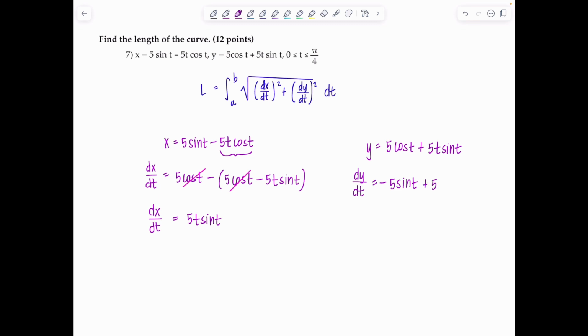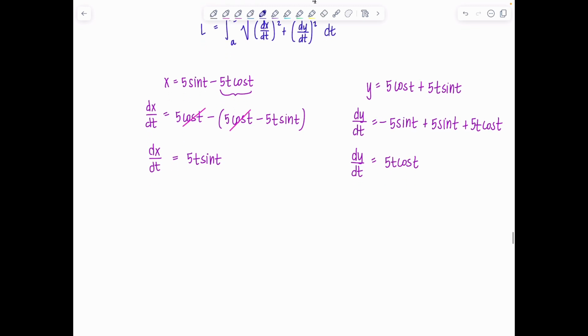Plus, this would be 5 sine t plus 5t cosine t. The 5 sine t and negative 5 sine t cancel, so dy/dt is just 5t cosine t. Okay, that looks great. Now let me go ahead, square both of those, add them together, and see what's going to be underneath the radical sign, if I'm happy with it or not.